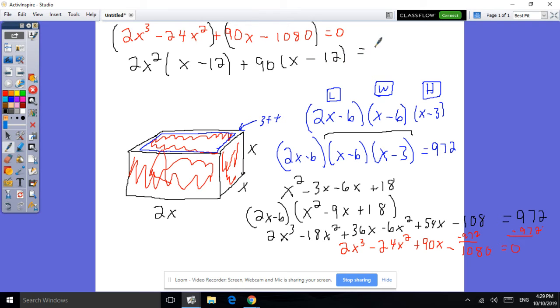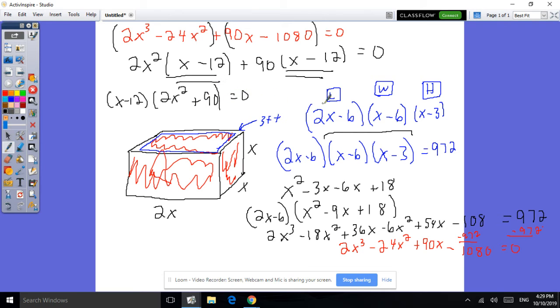Nice. This one comes out nice and easy and simple. The other one on your quiz comes out nice and simple as well. So here, my new greatest common factor, if y'all remember the triangle, it's going to be x minus 12, which factors out, and you're left with 2x squared plus 90 equals 0.